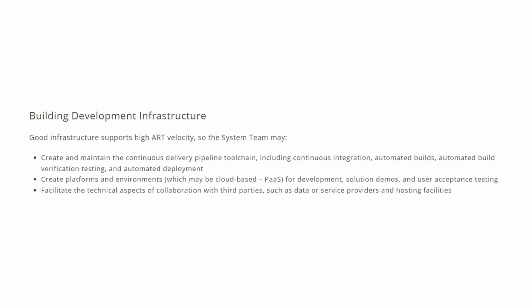The first one is building development infrastructure. Good infrastructure supports high ART velocity.